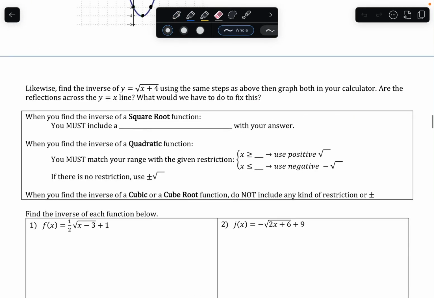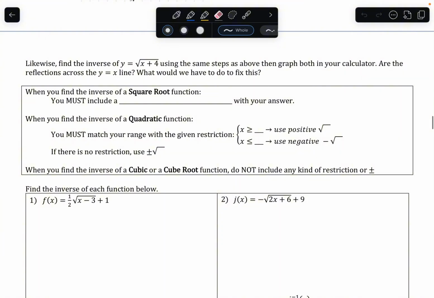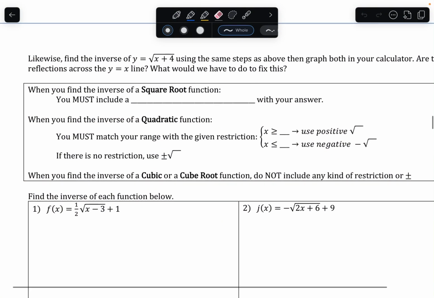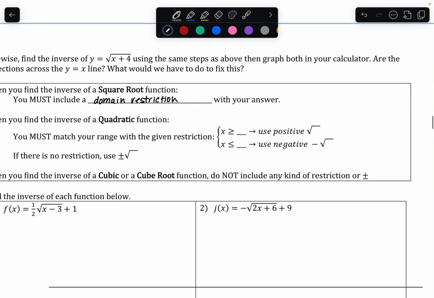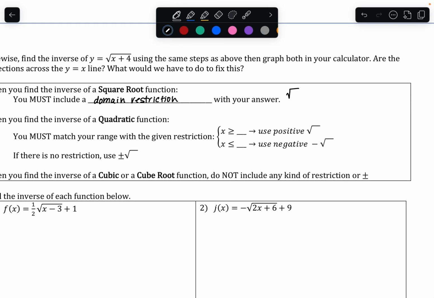All right, so to counteract this issue, we add something that is called a domain restriction. So anytime your original function is a square root function, you must include a domain restriction on the inverse. Okay, so for example, if you are starting with a positive square root as your original function, you are going to end up with a quadratic.